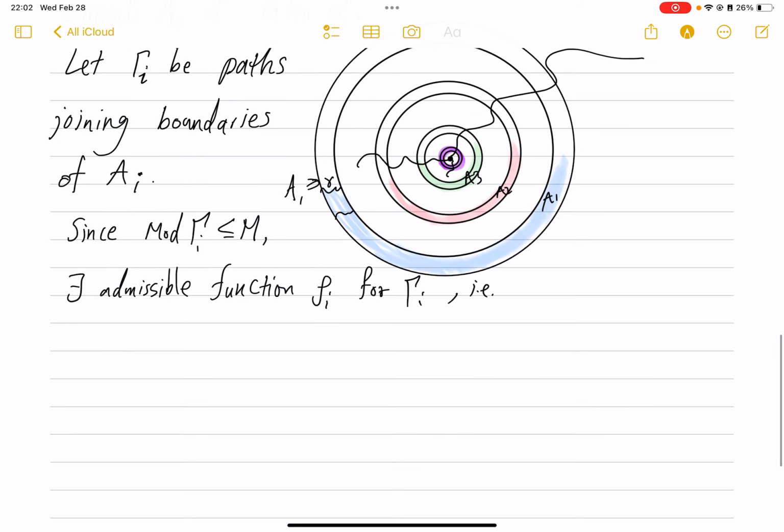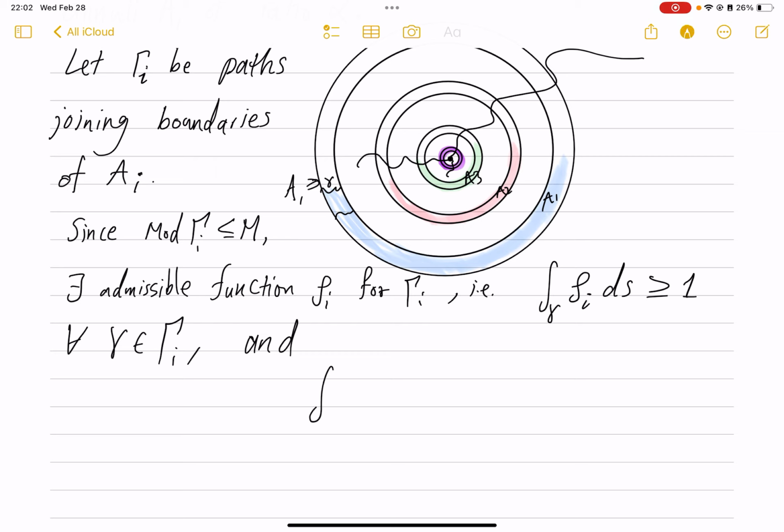In other words, the integral of rho_i over gamma is at least 1 for every gamma of the family gamma_i. And, well, the integral is pretty close to the infimum. So mod is the infimum, so the integral of rho_i to the power 2 in our case, mod 2, over all of the plane is less than or equal to M, say, plus 1.